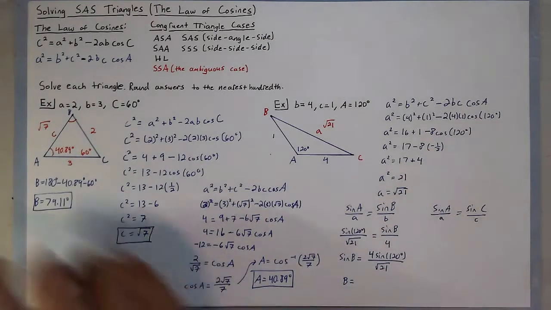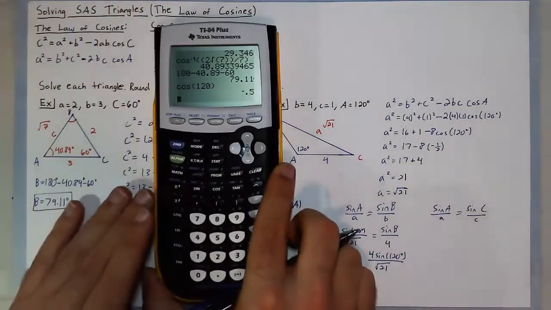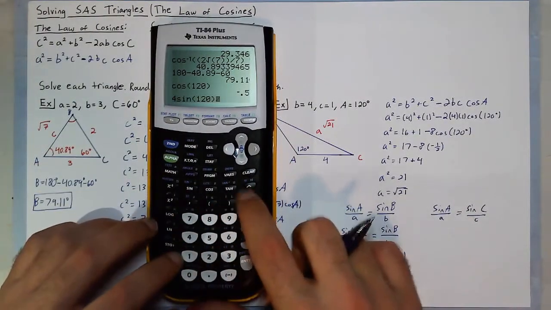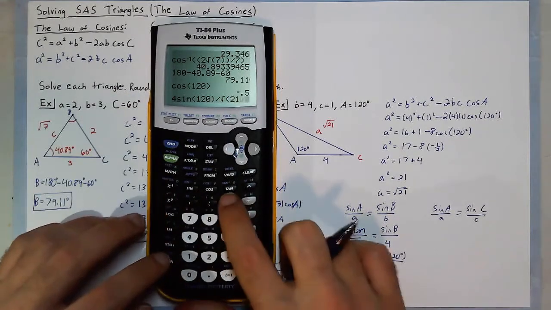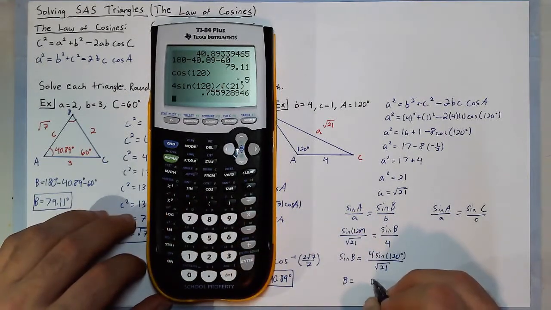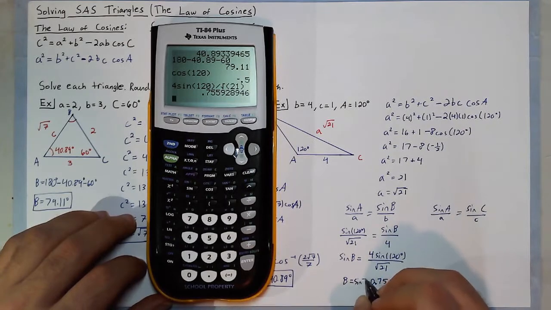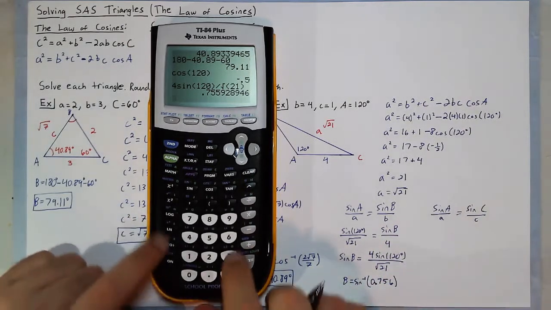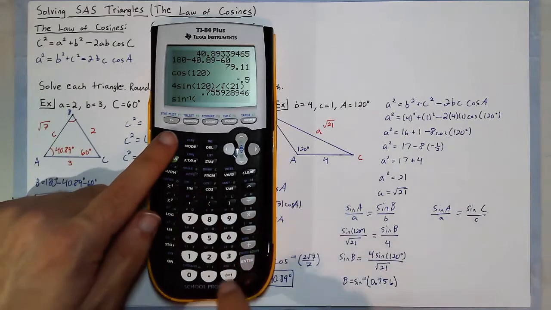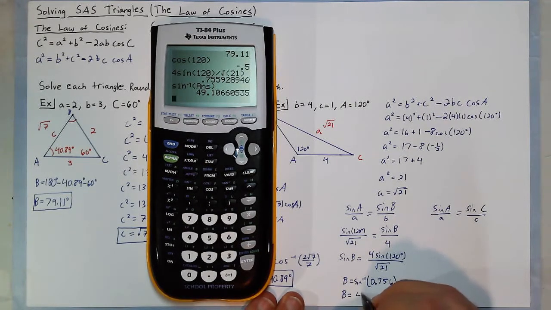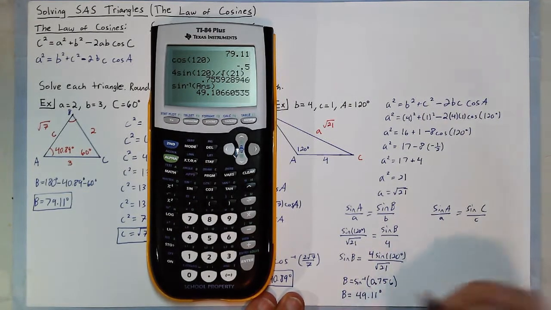And that value is equal to 0.756. And then I could take the sine inverse of that to find the angle, which would be 49.11 degrees.